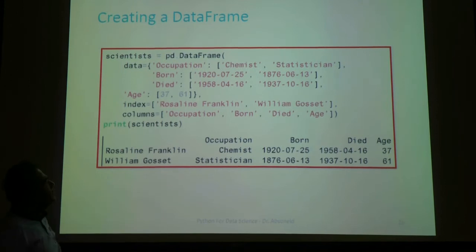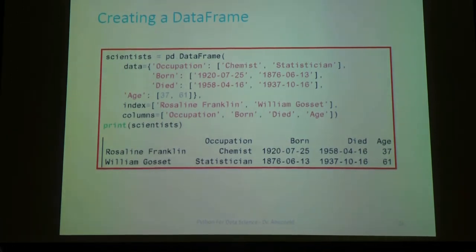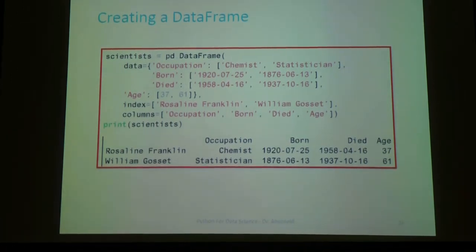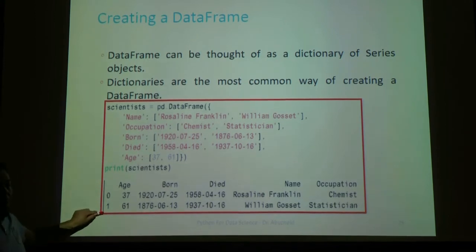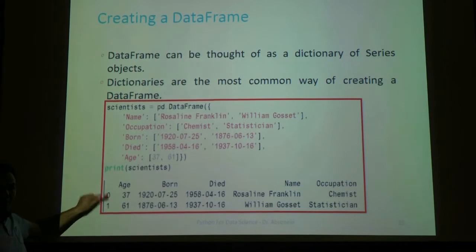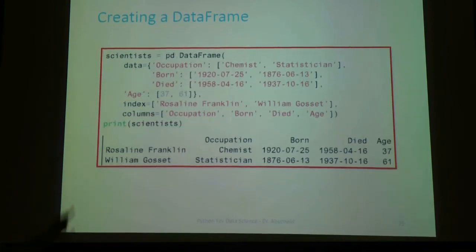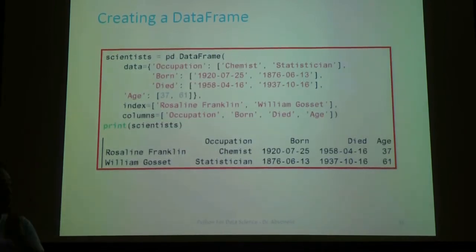Now when I print scientist, look in here. How many columns do I have in here? 4. In the other one, how many columns do I have? 5. In here, what are the index labels? Zero, numbers. In here I have 4 columns.